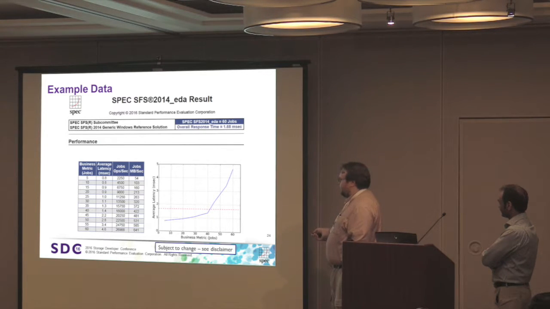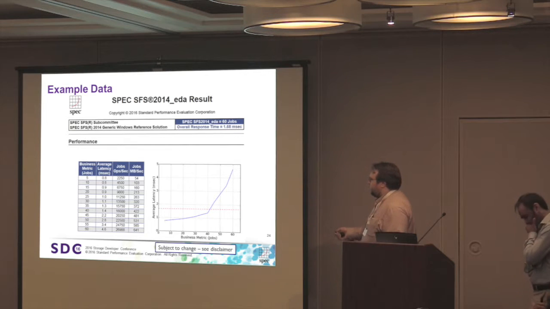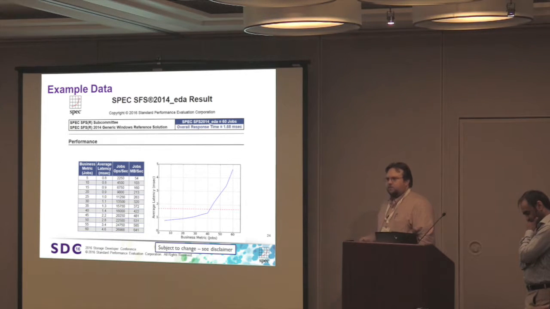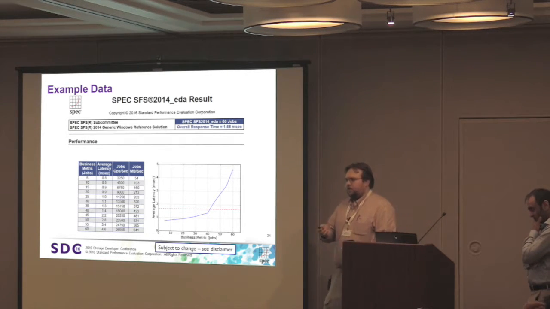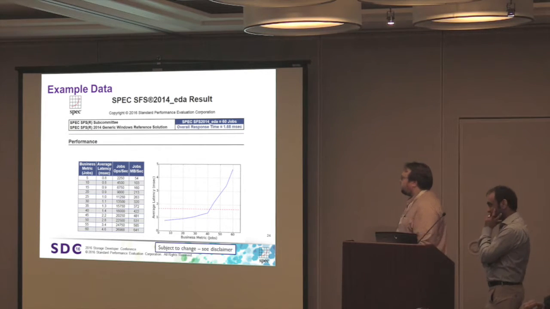You can see, obviously, we have a very steep, very sharp knee, but again, we did wind up with 27,000 operations per second, again, with a respectable latency. So, even with the workload in this pre-release state, we are seeing reasonable results coming out of the benchmark. So there may be a little fine-tuning, but we're well on the way.